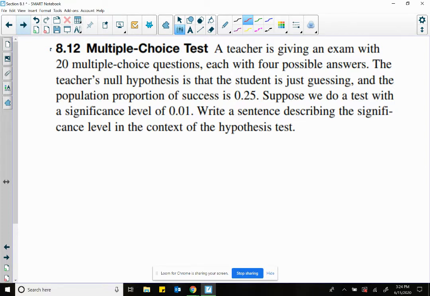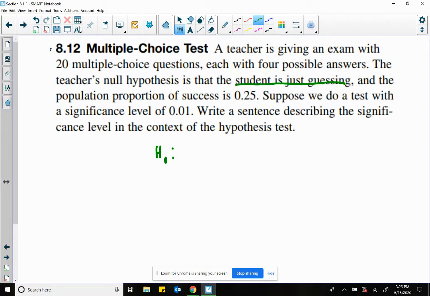Okay. So hopefully when you're looking at this, let's read some things. It says a teacher is given an exam with 20 multiple choice questions, each with 4 possible answers. The teacher's null hypothesis, so right here we're getting the null, so H naught, is that the student is guessing. All right, the student is guessing, okay?